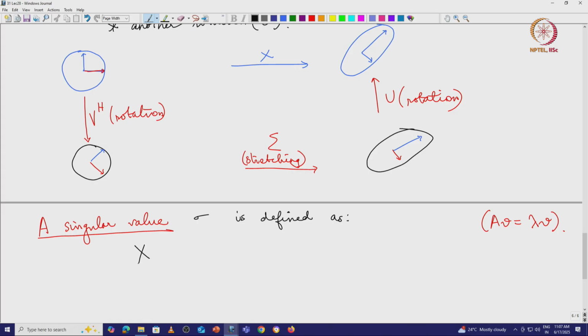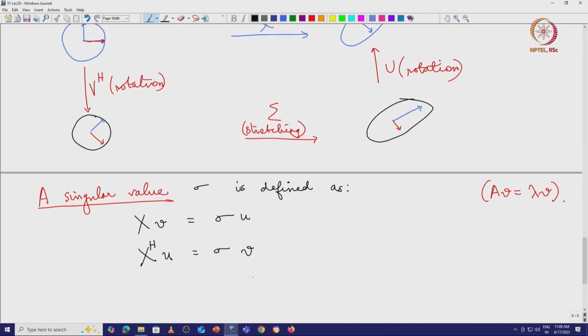by these equations. If you take X and operate it on a vector V, and mind you now X is a rectangular matrix, you get sigma times U. This is lowercase sigma, and then if you take X Hermitian and operate it on U, you get sigma times V. So, here V and U are the extensions of the concept of an eigenvector, which was defined for a square matrix.